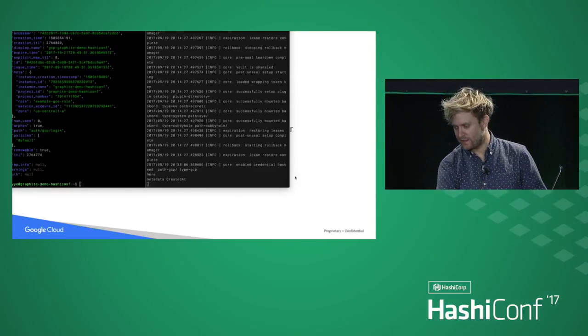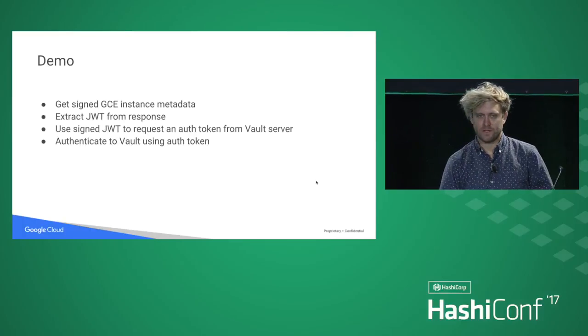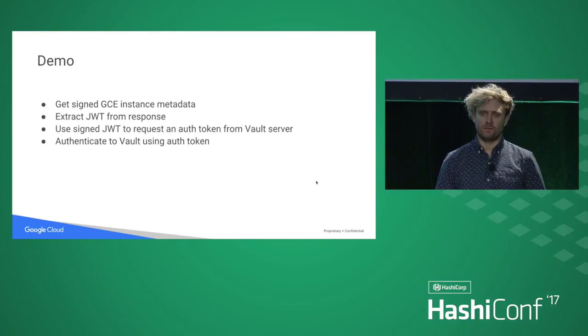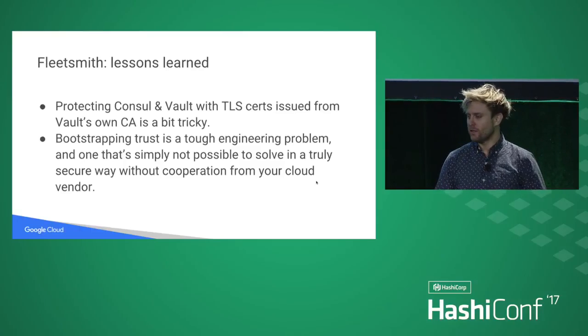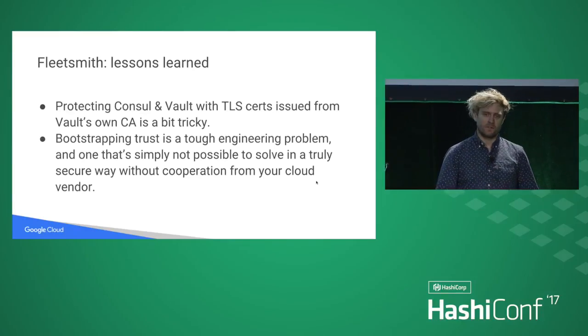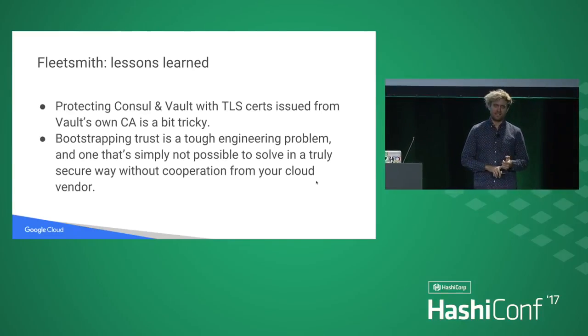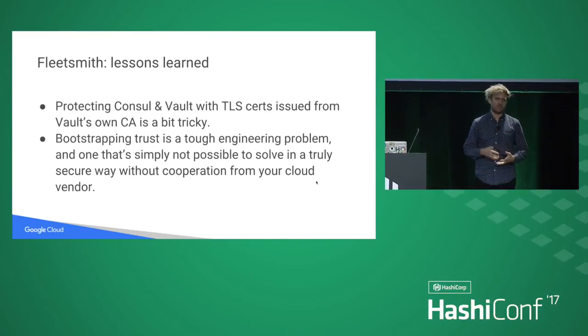Going back to the slides here, we had a few lessons learned from our use of Vault over the last roughly year. And there's really 2 learnings. One of our goals, like I said at the start, was to protect Vault communications, Consul communications, Kubernetes cluster communications, all with TLS certificates issued from the Vault PKI.